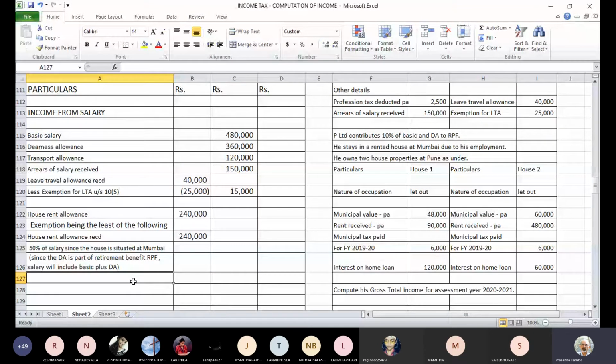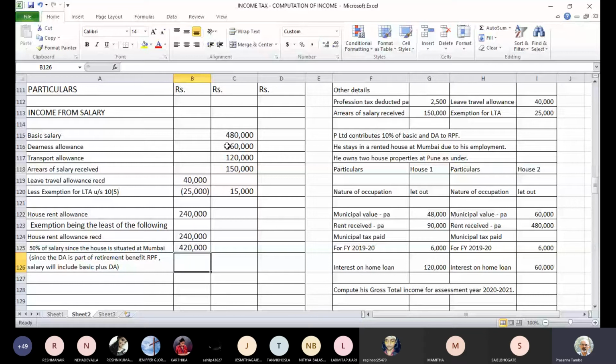So what is this basic and DA? Basic is 4,80,000 and dearness allowance is 3,60,000. This put together becomes 8,40,000 basic and DA. So 50% of basic and DA we have to consider here. 50% of basic and DA comes to 4,20,000, since the house is situated in Mumbai.